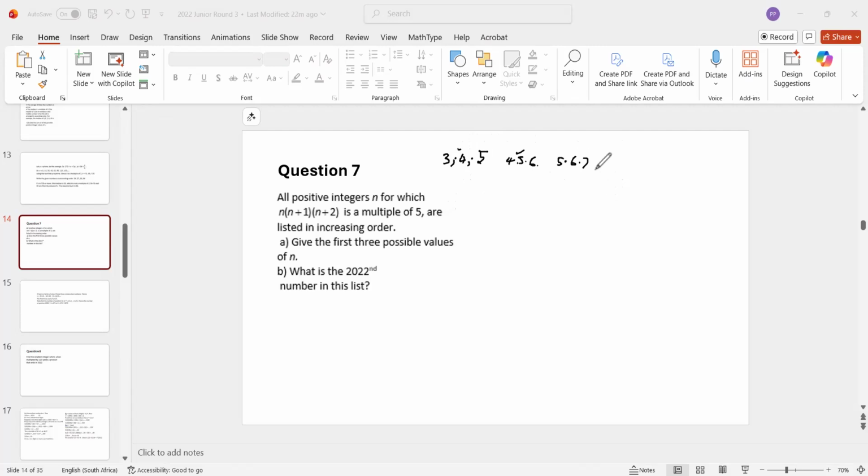And then 6 times 7 times 8 is out. 7 times 8 times 9 is out. But 8 times 9 times 10 is in. And 9 times 10 times 11. 10 times 11 times 12. So these are the numbers.